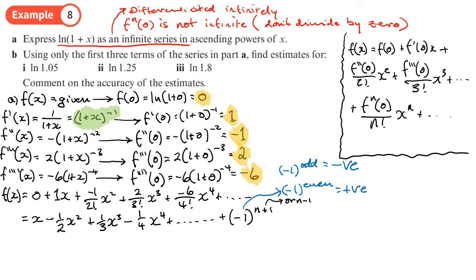Then you can see that the next bit here, it's a fraction, and that fraction is going to be 1/n, and it's going to be x to the n. Now you could, if you want, put this on the top of this fraction instead, but I've just laid it out in a similar way to how we've got this written.